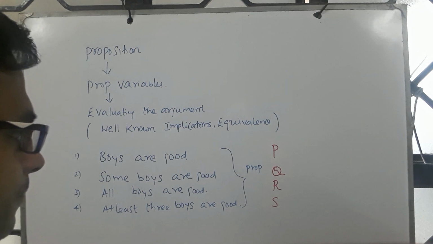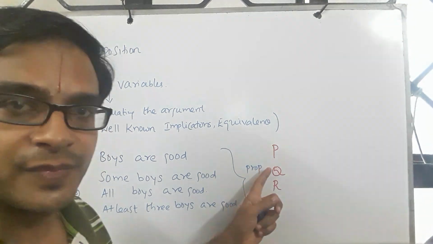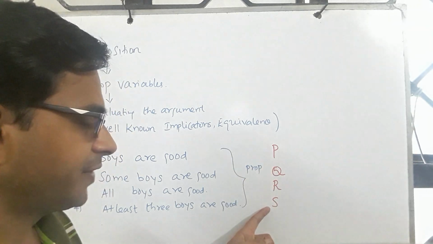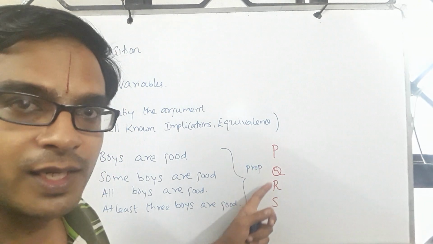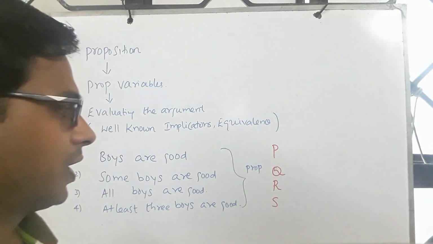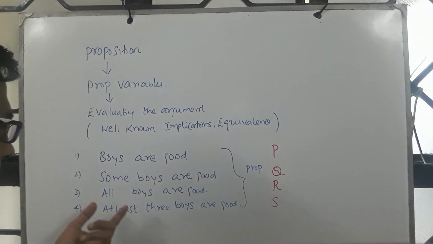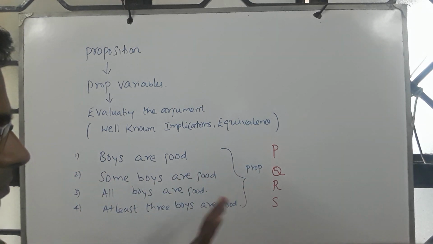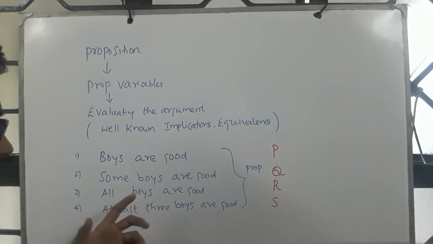But if you see, there is a limitation with respect to these propositional variables, meaning the abstraction that they are trying to represent is kind of limited. As far as this representation is concerned, they all mean one thing.